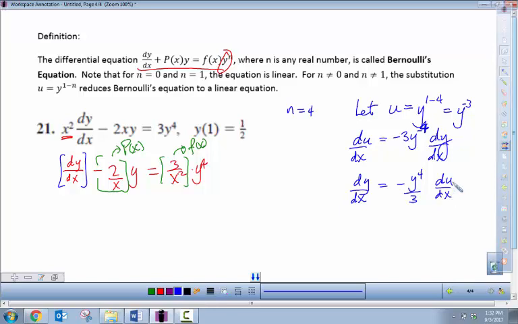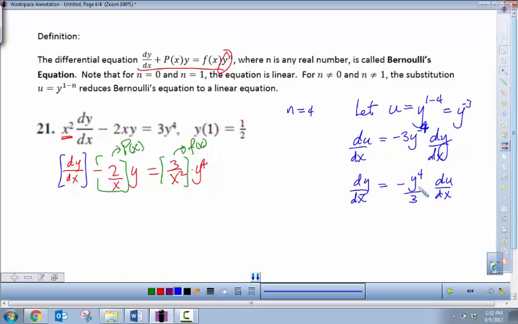But wait, I can't. Just like with a u-substitution, when you do a u-substitution, you want your integral to be all u's, right? So I still have this y here, so I need to replace that y with something. What am I going to replace this y by?